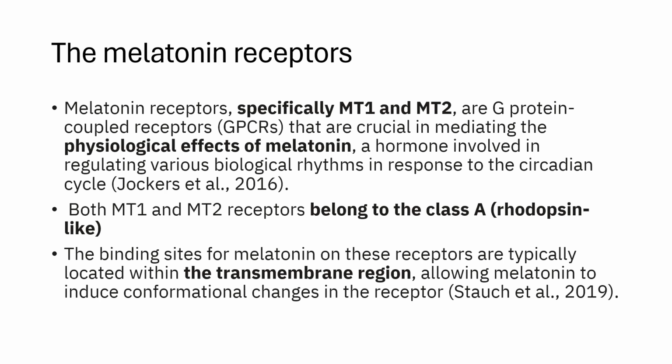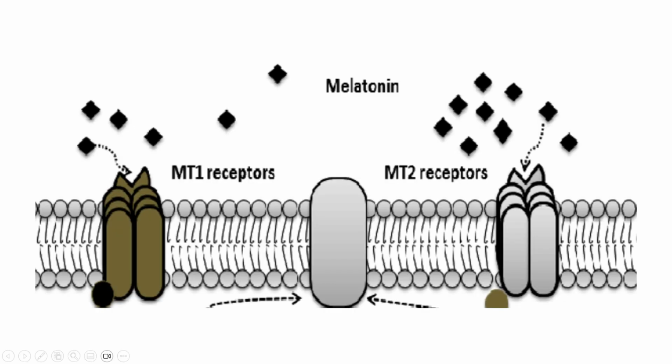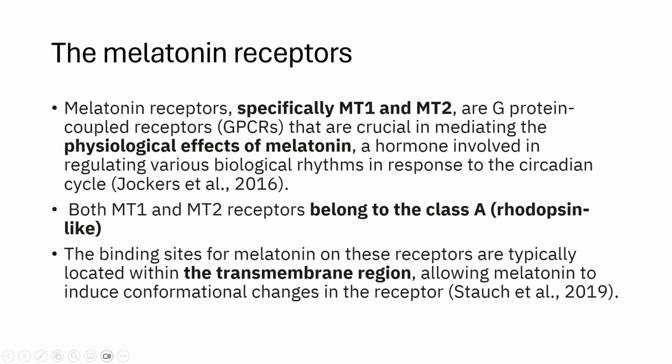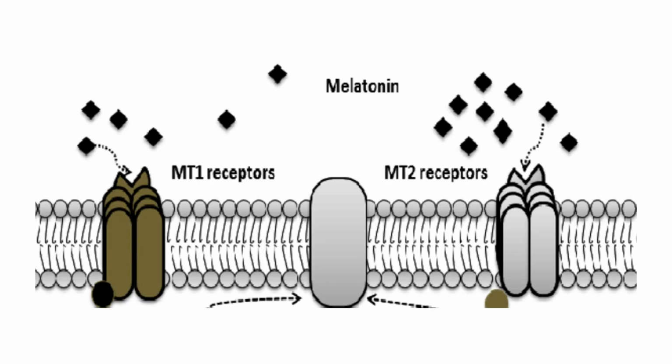So melatonin has specifically two receptors, MT1 and MT2. In most cases, these receptors here, as you will see here, are in the cellular membrane and they activate essentially a second messenger called cAMP for them to function. These same receptors may also be present in the nucleus, especially of neurons.